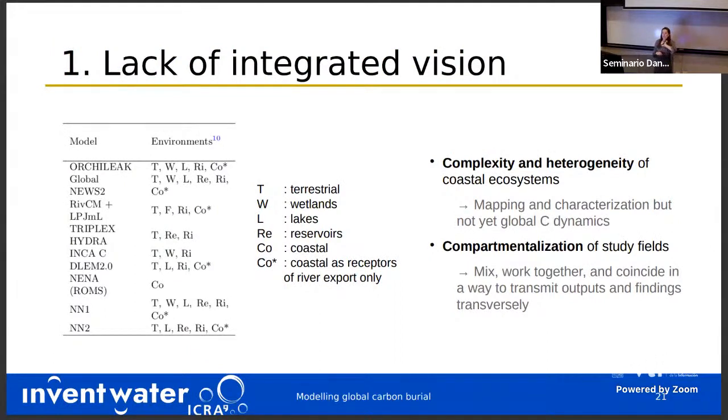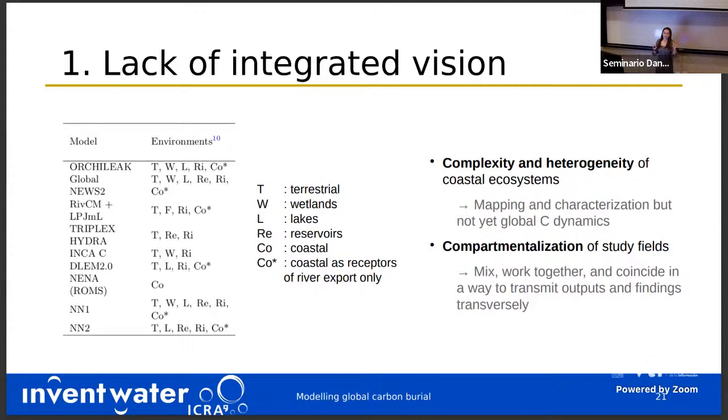As I mentioned before, there is no model which integrates all these ecosystems: terrestrial, inland waters and coastal ecosystems. Even if they are considered to be a land to ocean aquatic continuum model, they normally go from the terrestrial system to the river mouths.